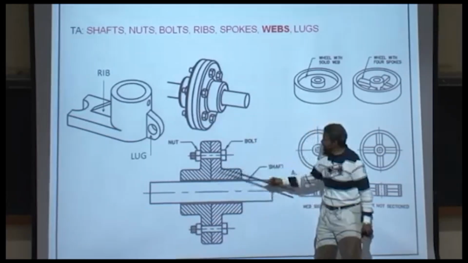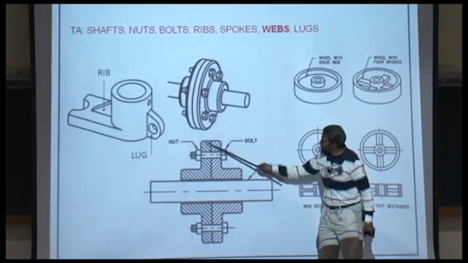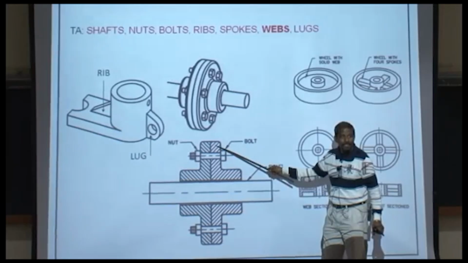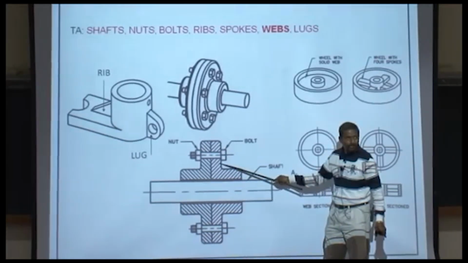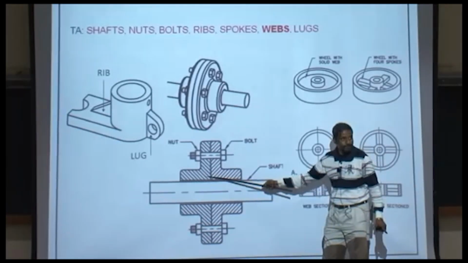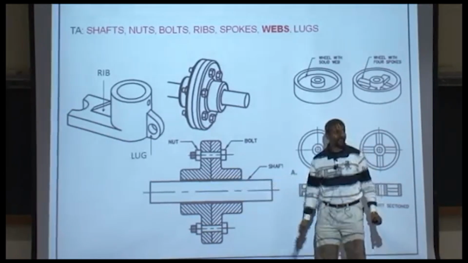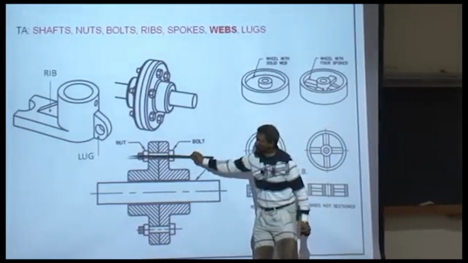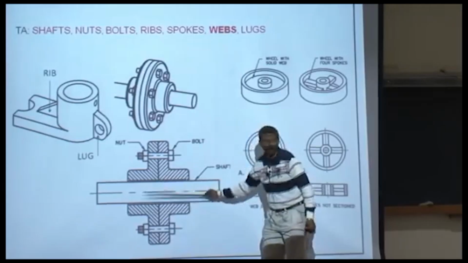So these are two parts. This is the corresponding section for this flange, and this is the corresponding section for this flange. Since there are two parts, they are hatched differently. Okay, 45 degrees from the right and 45 degrees from the left. Once you have shown that section, then bring the bolts back and the shaft back.